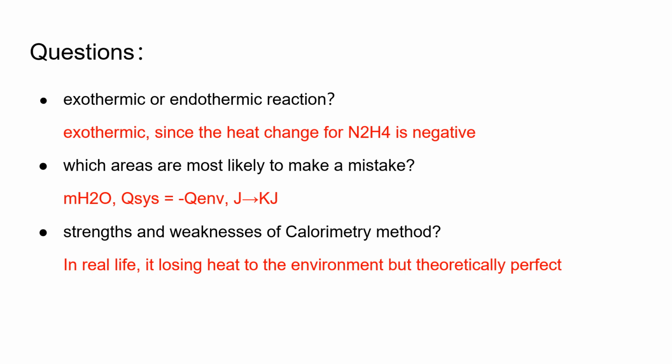And when we're doing the calculations, we also need to avoid making mistakes. The area most likely to have a mistake is when we're writing the heat capacity equation; we always have to label what the values are for each. For example, it's M of H2O, not M for our system, which is N2H4.